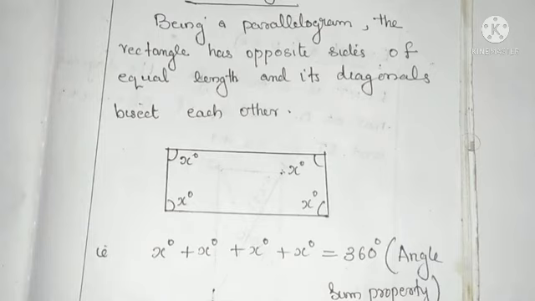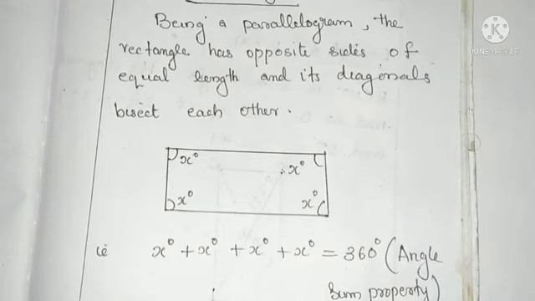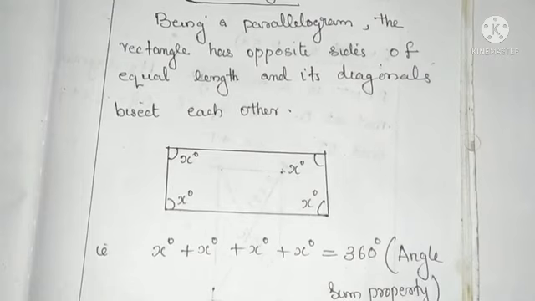So, here we suppose that each angle is x degrees. Then we can write x plus x plus x plus x, the sum of the angles in the rectangle. What is the sum of the angles in a quadrilateral? A four-sided quadrilateral, 360 degrees: 4 minus 2 into 180, 360.